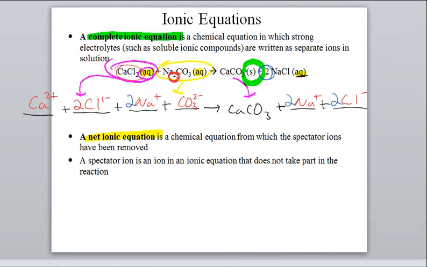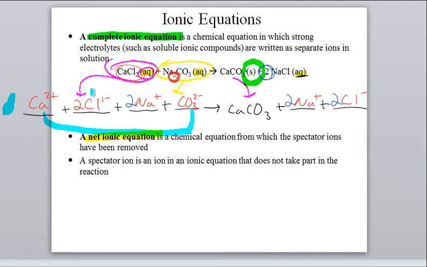If we look a little closer at exactly what's happening, what's causing the process to occur, it's when the calcium and the carbonate collide, they stick to each other and the crystal starts building. The sodium and the chloride are moving around in that solution, but it's such a weak attraction that they stay solvated.